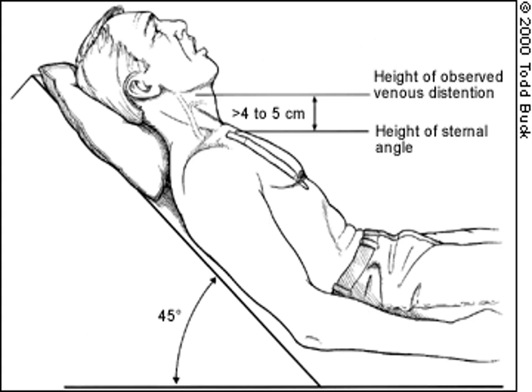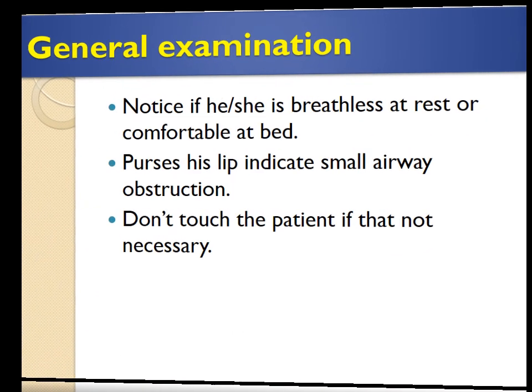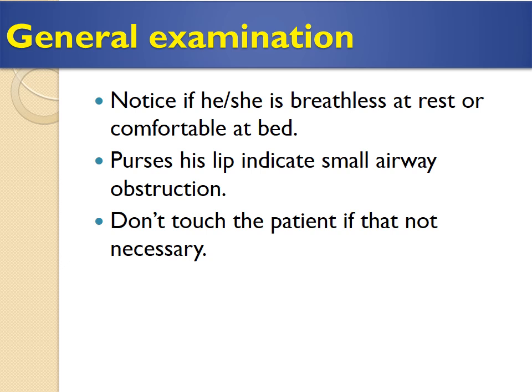You have to be sure the patient is at 45 degrees to examine his neck. You have to notice if this patient is breathless at rest or not, because breathlessness is one of the signs that this patient has an exacerbation of his condition.